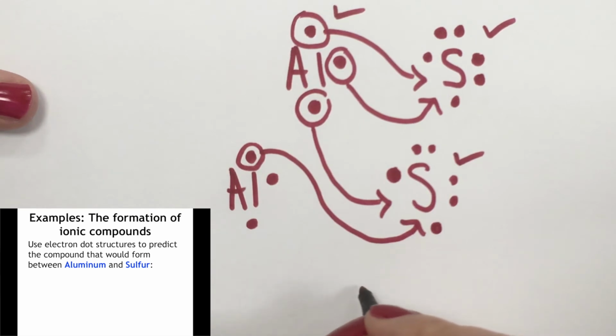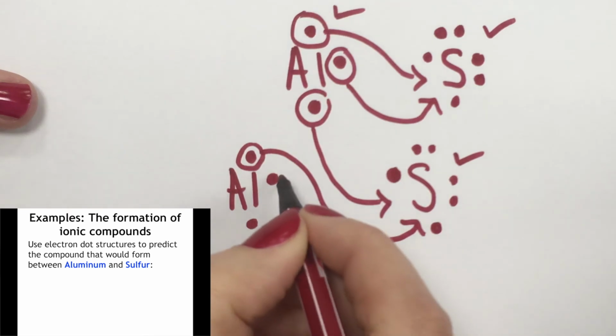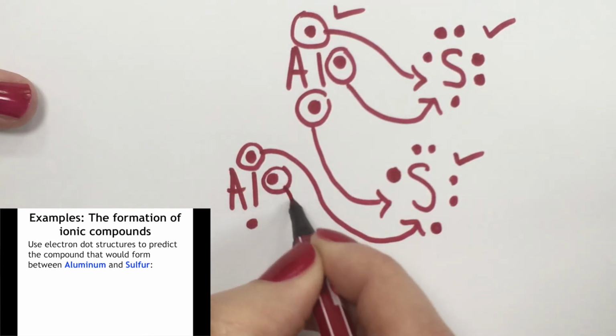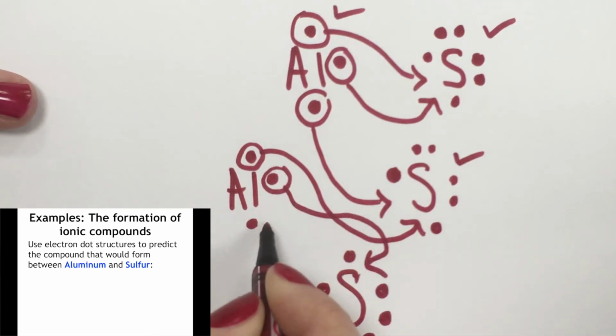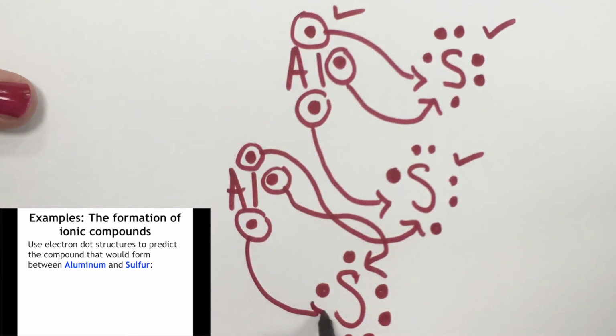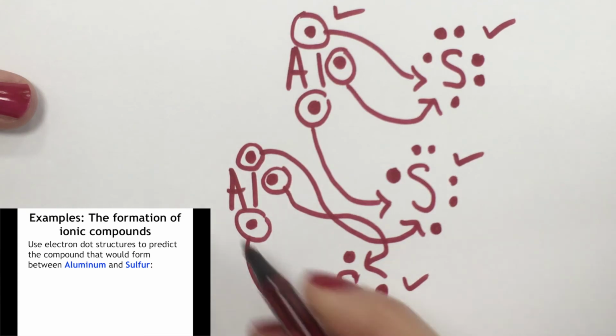So we need to add another sulfur. 1, 2, 3, 4, 5, 6. And then we will bring this electron here and this electron here, and then sulfur will have 8 valence electrons. 1, 2, 3, 4, 5, 6, 7, 8. So it's happy.